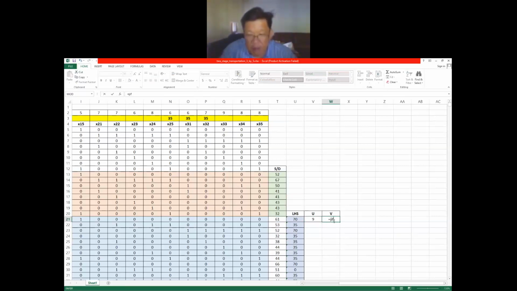And at the same time, if t21 is greater than u21, maybe greater than or equal to u21, well, just greater than u21.